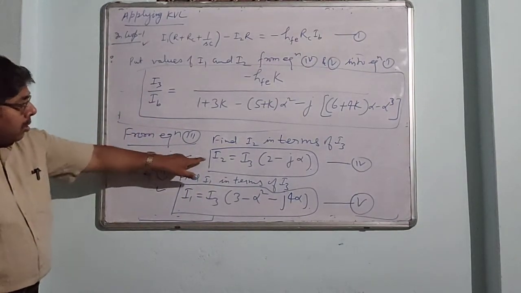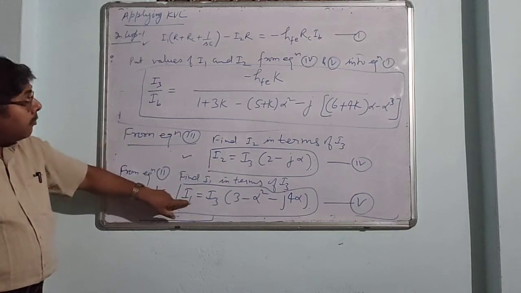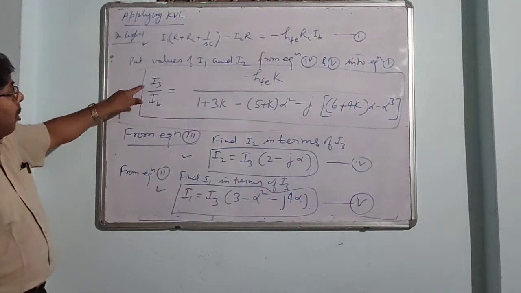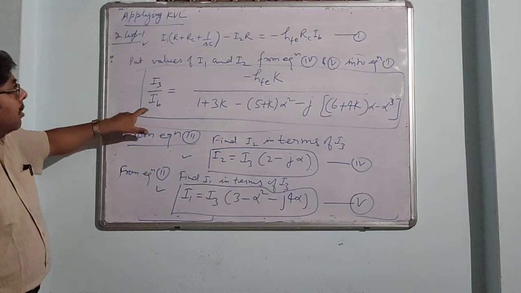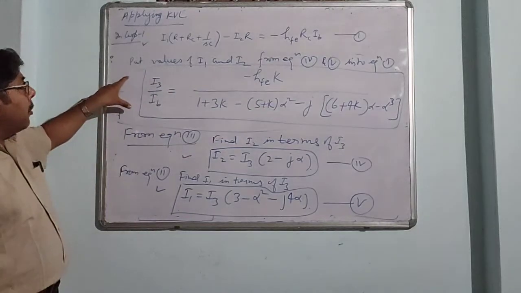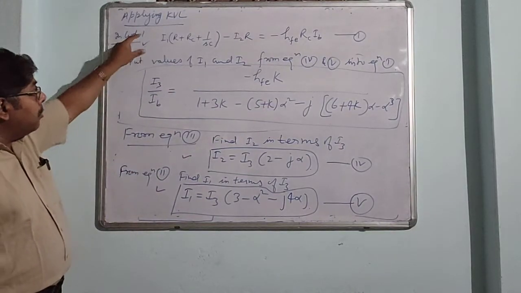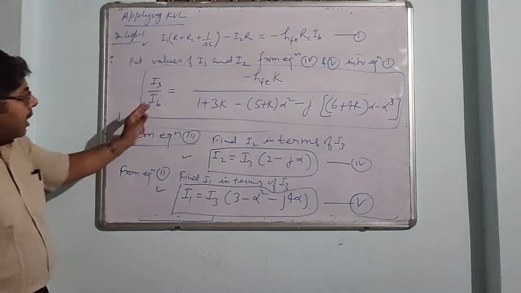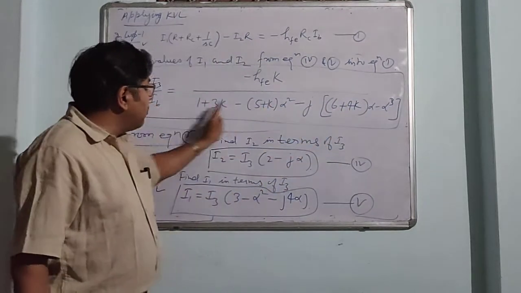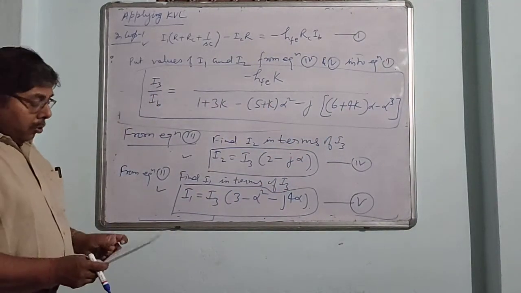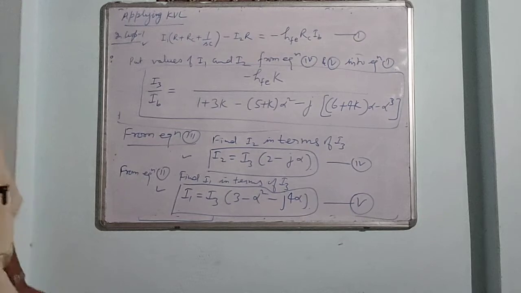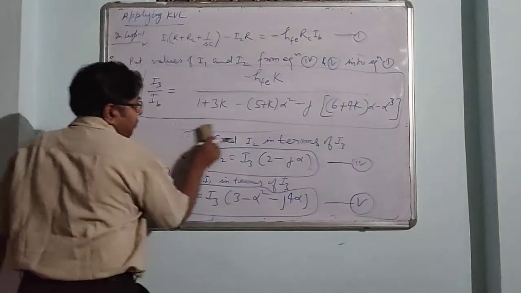You can put these two values I2 and I1 in this equation in terms of I3 and solve for this ratio I3 upon IB. So you will get this relation. So this is the assignment for you. You have to solve this value, then you will get this. Obviously, we are separating the real part and imaginary part. This second term is the imaginary part, the first one is the real. So from this equation, we will derive the frequency of oscillation. So this is the final equation.